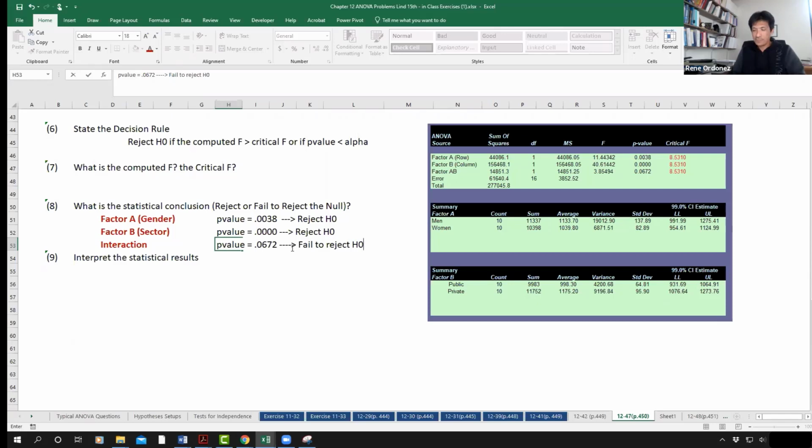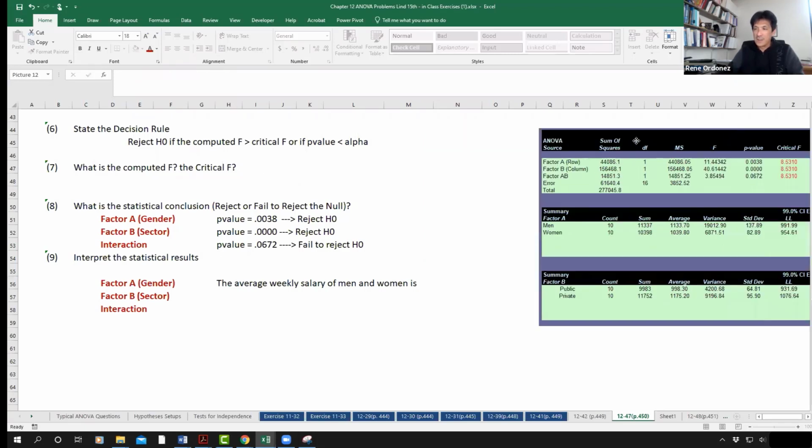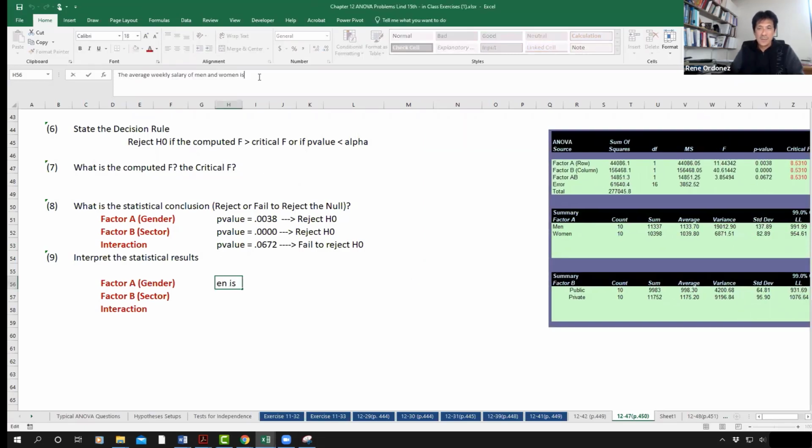Okay? So what are the statistical results? For gender, the average weekly salary of men and women is not equal.